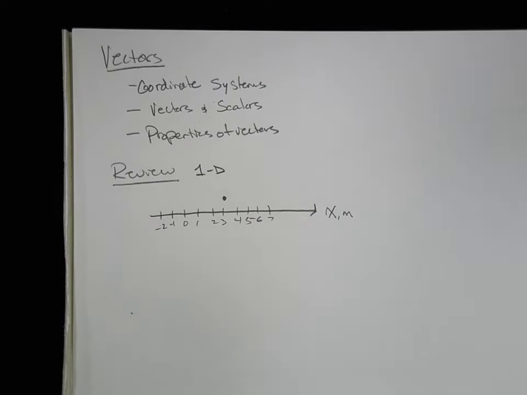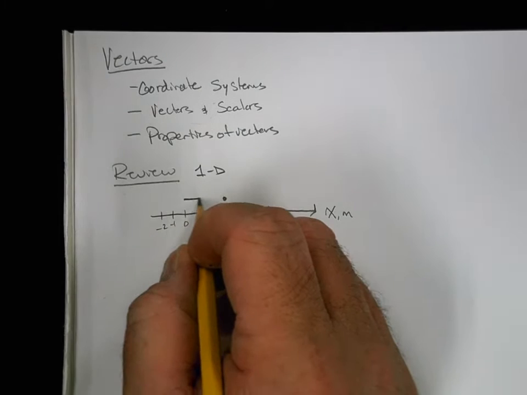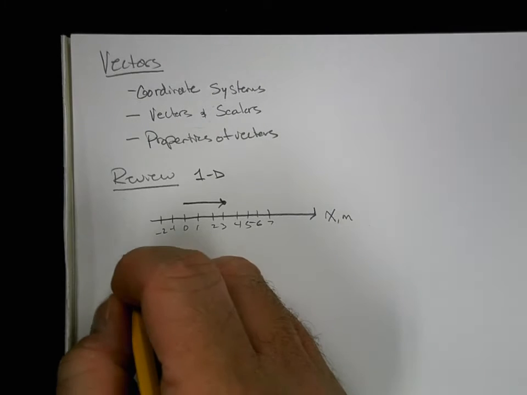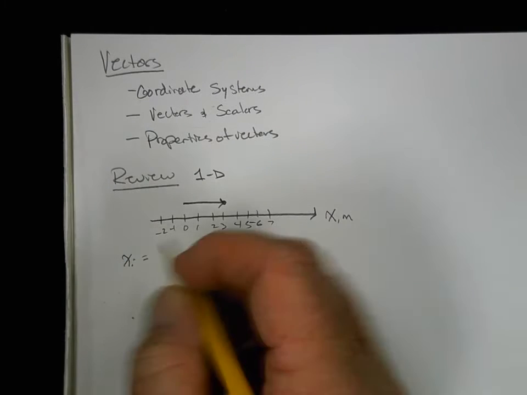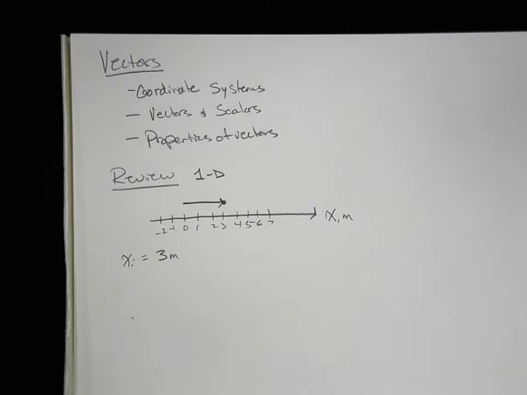We identify this place, we communicate this spot as a position vector, and it is a distance from the origin. So his initial position is x initial equals a positive 3 meters.